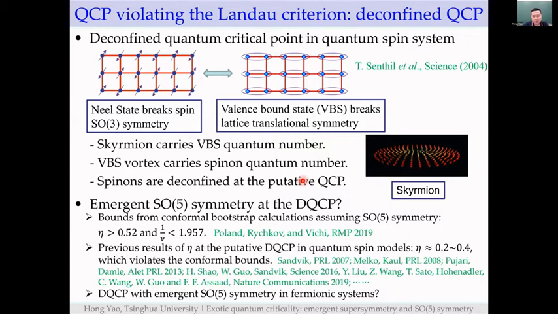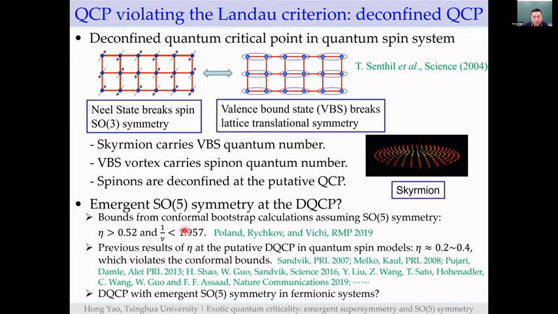If SO(5) symmetry emerges at this putative deconfined quantum critical point, from the conformal bootstrap there is a bound on the critical exponents. For instance, the anomalous dimension has to be bigger than 0.52, and 1 over nu is less than this quantity.